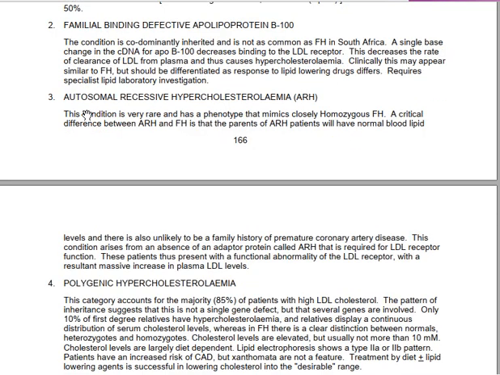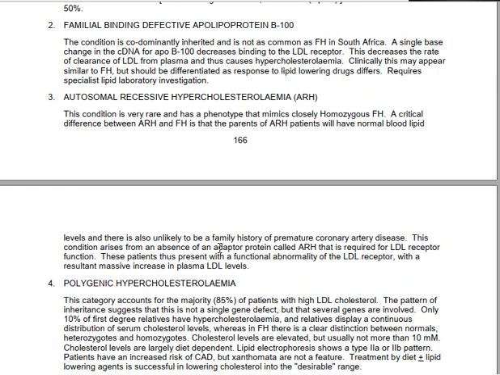Now the next one is autosomal recessive hypercholesterolemia. As we already know, it is autosomal recessive, only present in homozygous patients. In this case, the hypercholesterolemia occurs because of an abnormality of the LDL receptors.